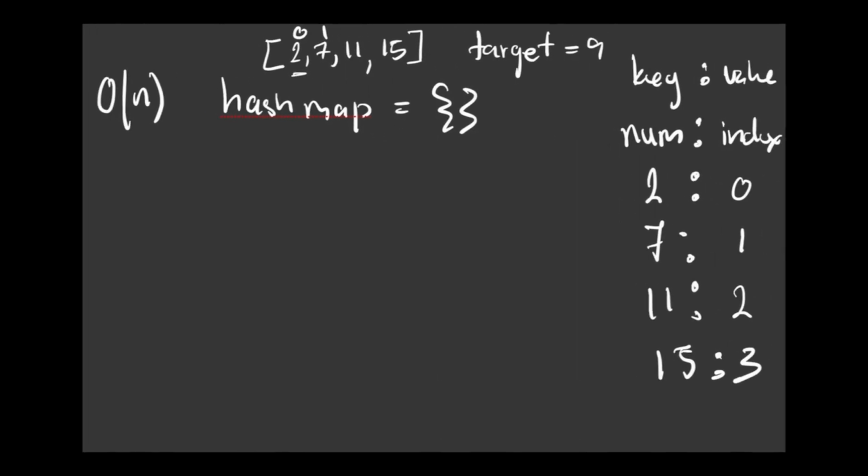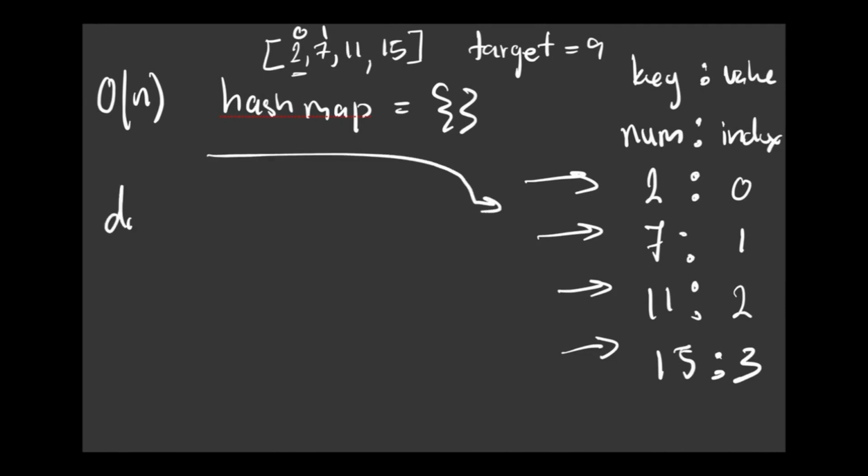All right. And, by the way, we add these one by one into the hash map. While we are adding, we can check the difference between the target and the number as we iterate through the array.